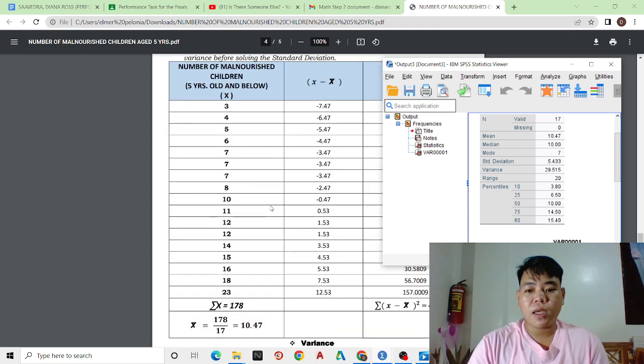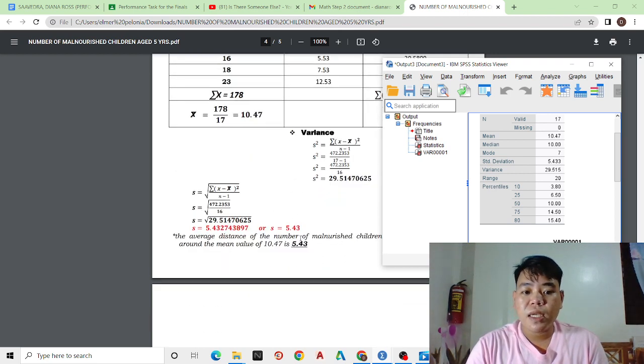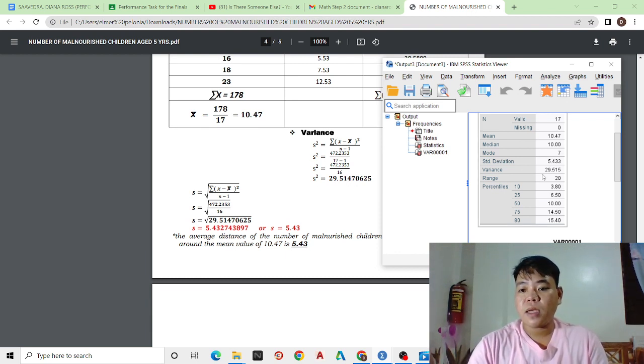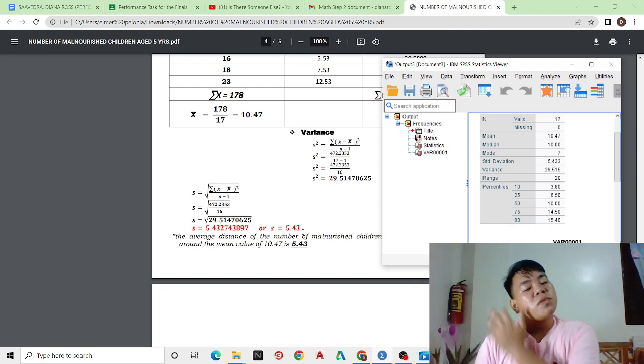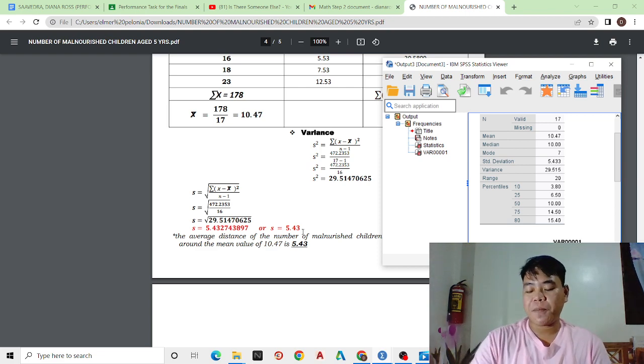And the variance first, which is 29.514 or 515 shown here, which is correct also. And then finally the standard deviation, which is 5.43, and then 5.43 here. So far so good, all my computations were correct, and that's all.